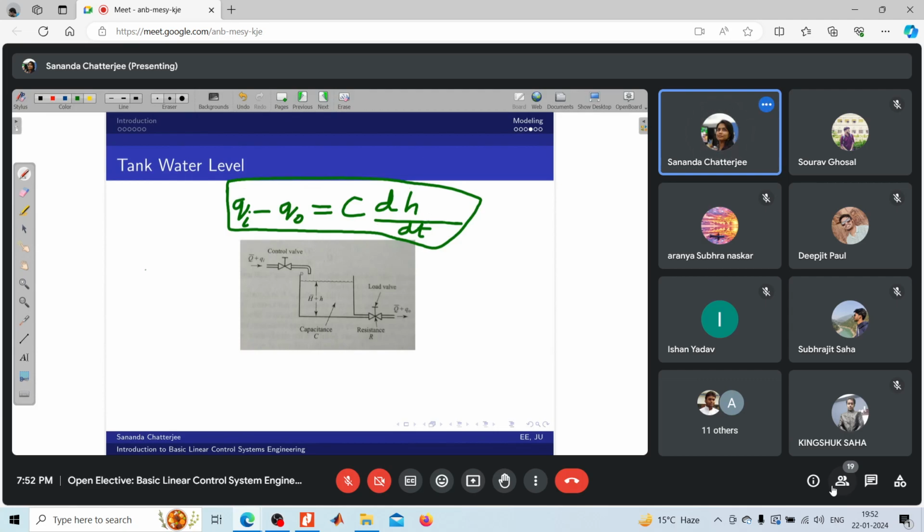Now, can you tell me what will be the relationship of Q naught? What will be the value of Q naught? Is there any root relation? Yes, root over 2g (h bar plus h) into the area of the pipe.